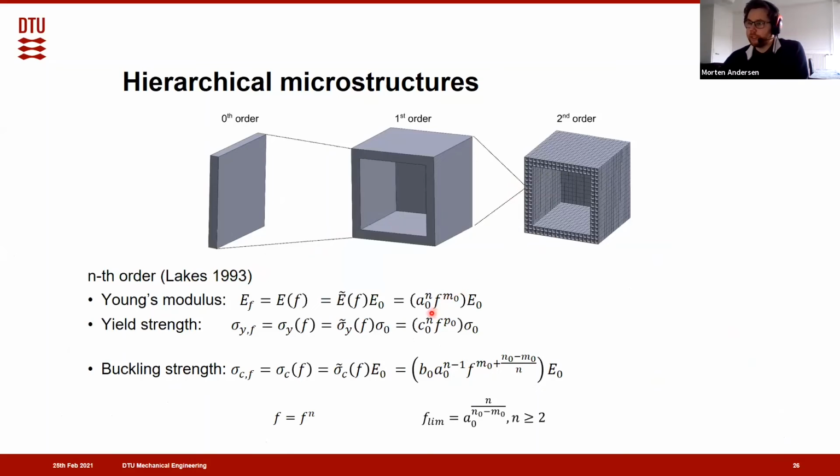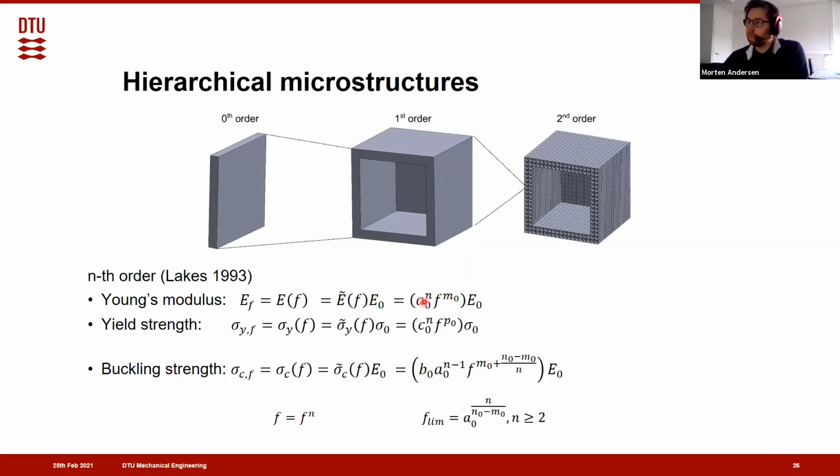And here we can see that we have the same A0 determining the performance of the stiffness, but now we have added this n exponent here, which determines the level of the hierarchy. So for a first order, that will be equal to 1, and you will get the same normal interpolation function.